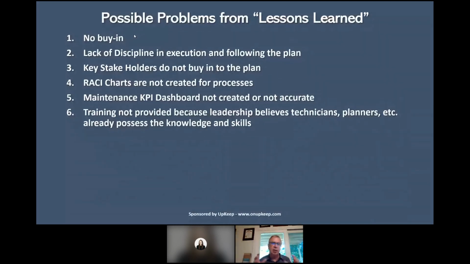If you don't know how to do that, you can go to my website. I have a lot of RACI charts on there, so you can download whatever you want. The maintenance KPI dashboard is not created and not accurate. These are what cause the problems we have in organizations. Training is not provided because leadership believes technicians, planners, etc., already possess the knowledge and skills. There's no way we're going to remember everything, so getting training is a big deal.